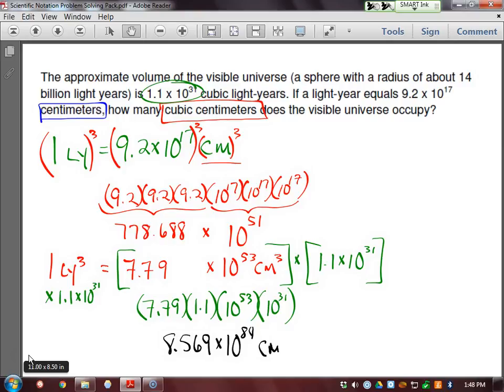And that's centimeters cubed. So 1.1 times 10 to the 31 light years cubed is equal to 8.569 times 10 to the 84 centimeters cubed, and that's a massive conversion issue. So thank you very much.